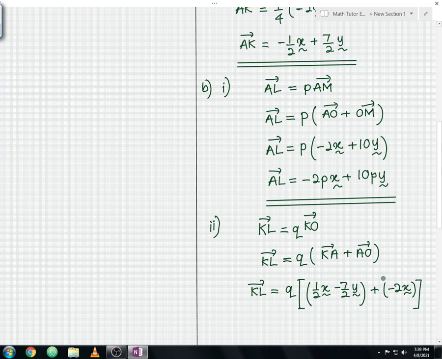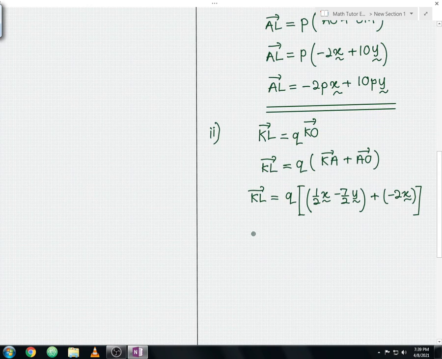Let us solve the inside bracket first, and later on we will times with Q. So KL is equal to Q times, half x minus 2x, so you get negative 3 over 2 x, and then minus 7 over 2 y, close bracket.